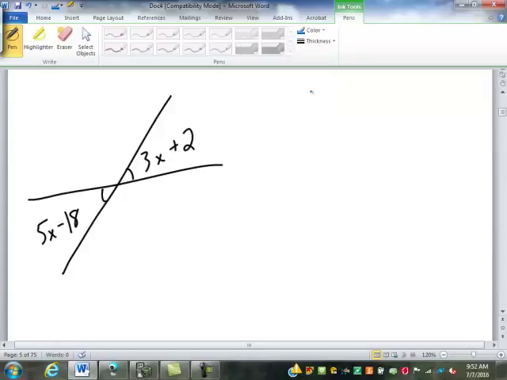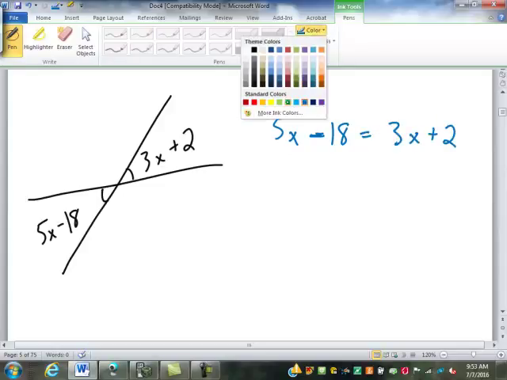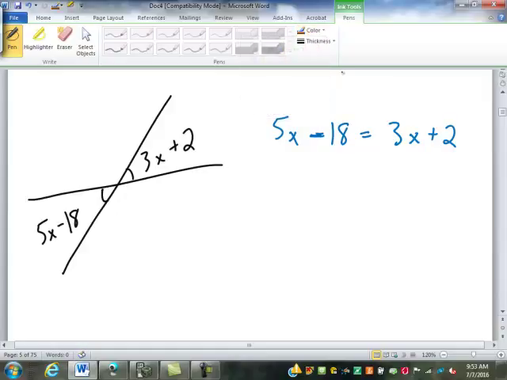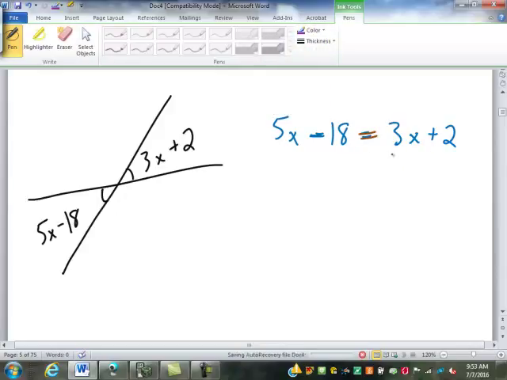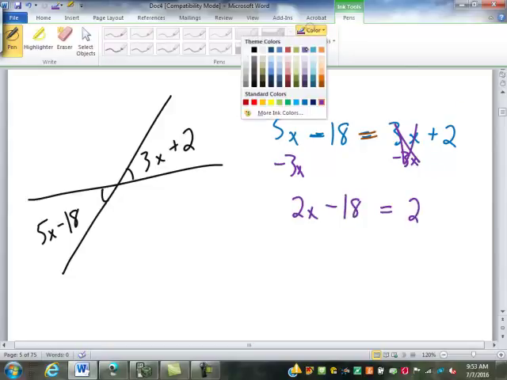In this case, those two must be equal. So 5x minus 18 has to equal 3x plus 2. So when we go to solve that, since there's an x on each side of the equal sign, our first step is to get rid of one of the x's. We'll get rid of the smaller one, the 3x. So here 5x take away 3x is 2x with the minus 18. Over here all that's left is the positive 2. Then what?